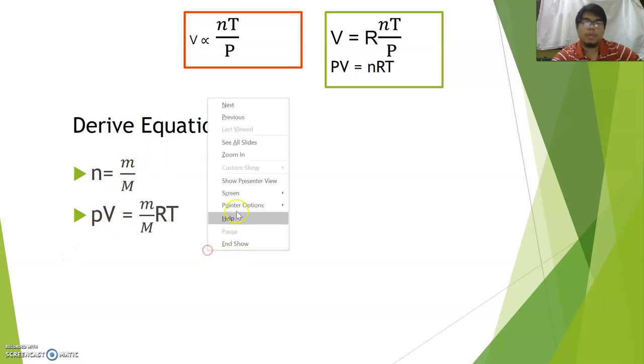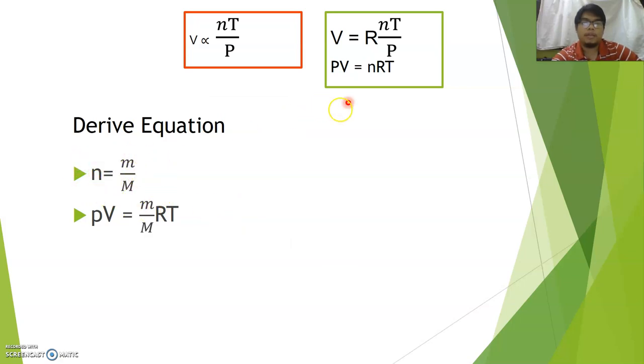So what we need to do here is substitute the n with this equation, mass over molar mass.